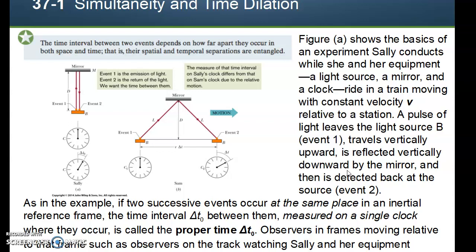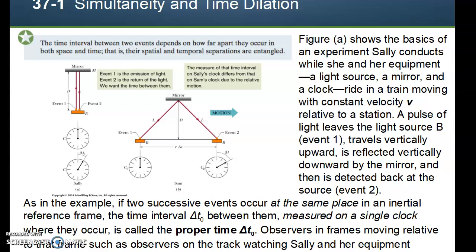As in the example, if 2 successive events occur at the same place in an inertial reference frame, the time interval measured on a single clock is called the proper time, delta t sub 0.